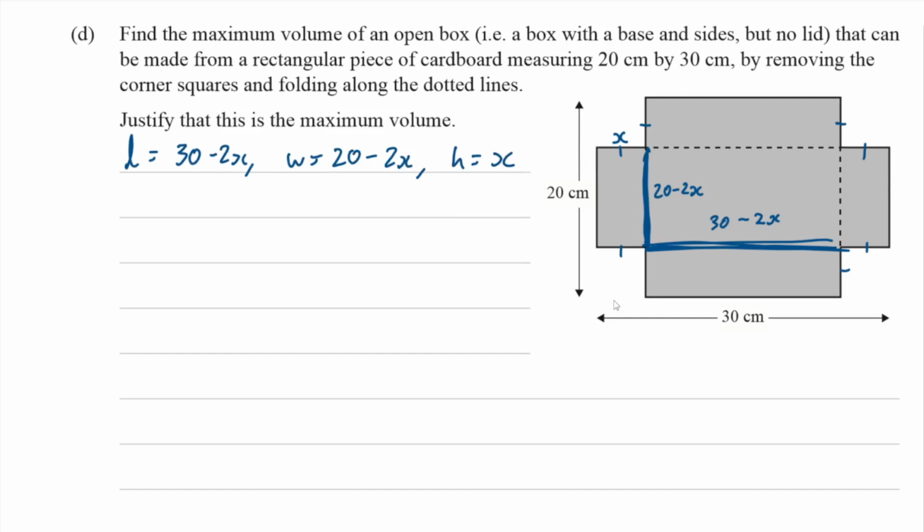And if we're looking for the volume of the box, we can now express that in terms of x, because we know volume is length times width times height, and each of those terms we've expressed in terms of x. So length 30 minus 2x, width 20 minus 2x, and height x.